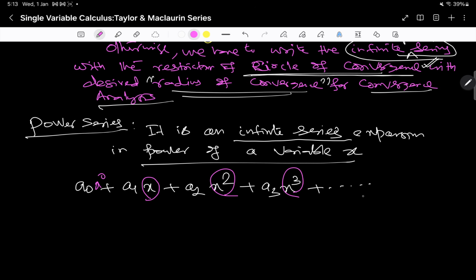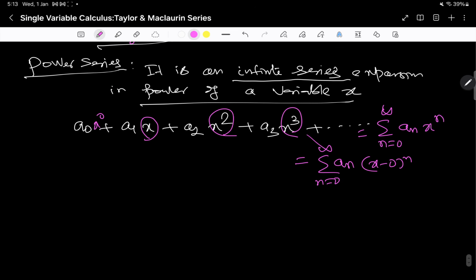I can write it as summation of an x^n, n = 0 to infinity, or I may write it as summation of an (x − 0)^n, n = 0 to infinity. And this series is valid for some |x − 0| < r.